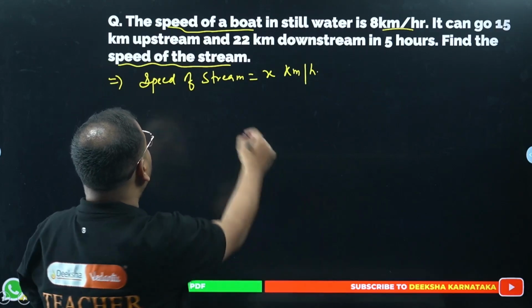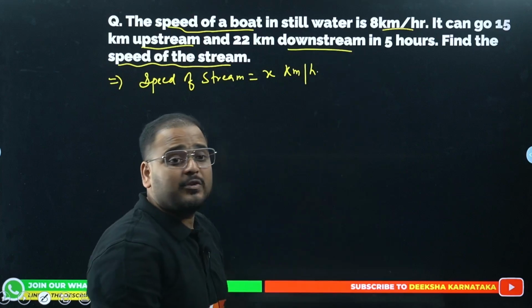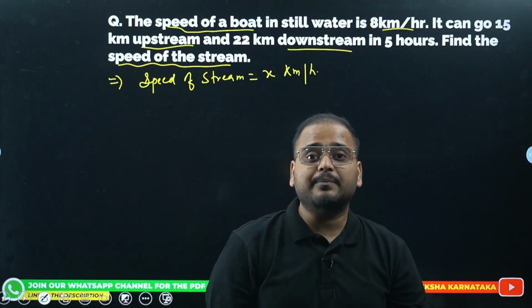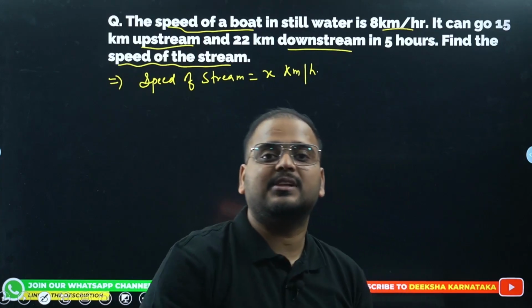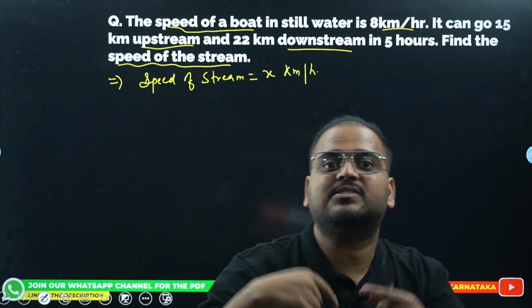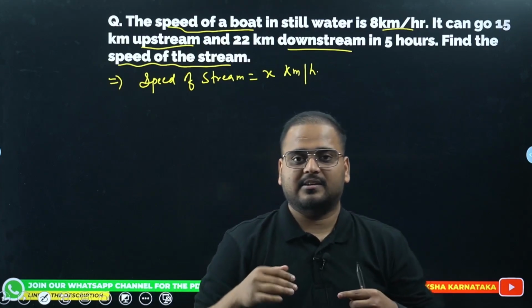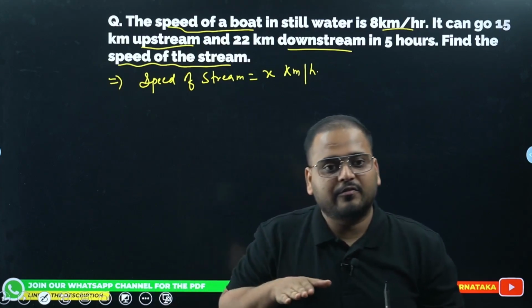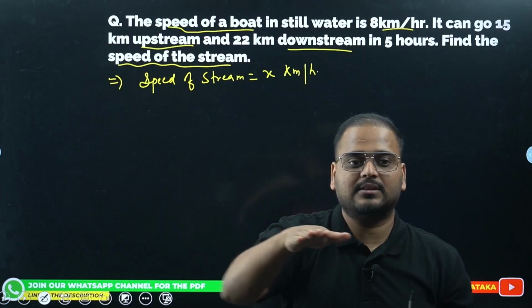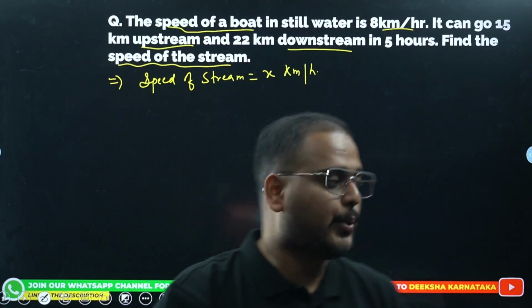Now they have mentioned two words, upstream and downstream. What's the meaning of upstream and downstream? Upstream means against the stream. Let's say the stream is coming towards me, so I go against the stream. That's called upstream. When the stream is flowing this way and I'm moving with the stream, that will be called downstream.